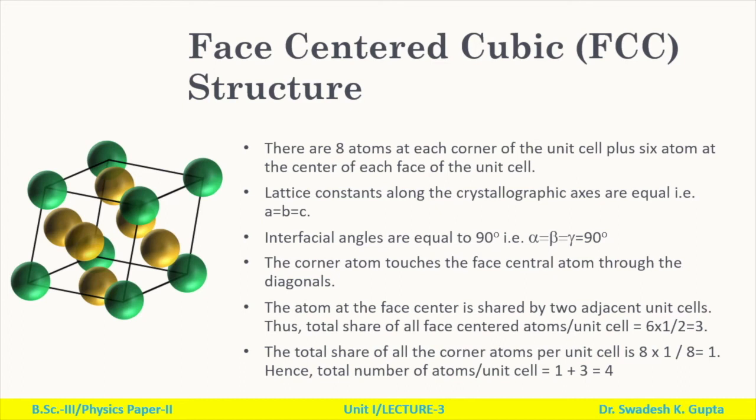Now here the corner atoms touch the face atoms, but do not touch each other. Each face centered atom is shared by 2 unit cells. So the total shared face centered atoms which belong to one cell will be 3, and the total corner atoms which belong to one unit cell will be 1. So the total number of atoms which belong to one cell will be 4.